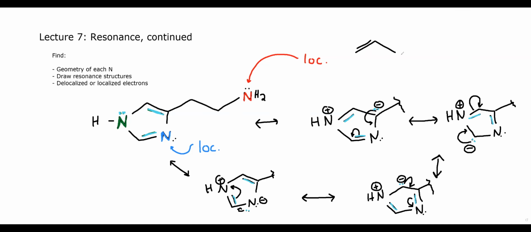If we have a double bond next to a positive charge, or a double bond next to a negative charge, hopefully you can identify these basic resonance structures, draw the proper arrows, and understand where those electrons are going, okay? Again, we'll practice this in the next workshop, so hopefully by the end of that, you're feeling more comfortable. And I hope this discussion was helpful in ranking resonance structures and understanding when we have localized or delocalized electrons.